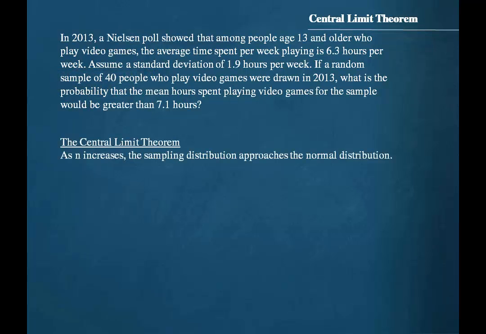In order to answer this question, we must first understand the central limit theorem. The central limit theorem states that as the sample size increases without limit, the shape of the distribution of the sample means will approach a normal distribution. It is important to remember two things when using the central limit theorem.